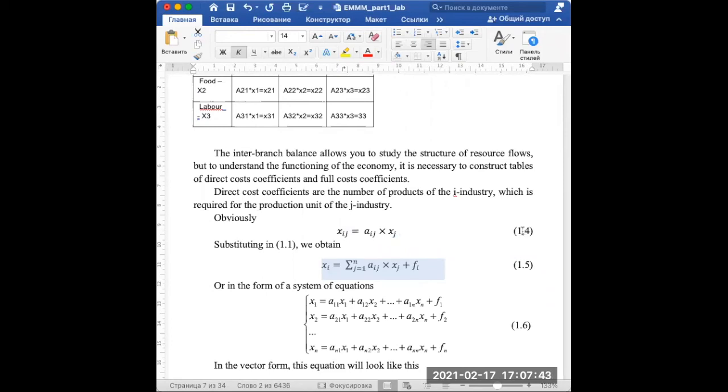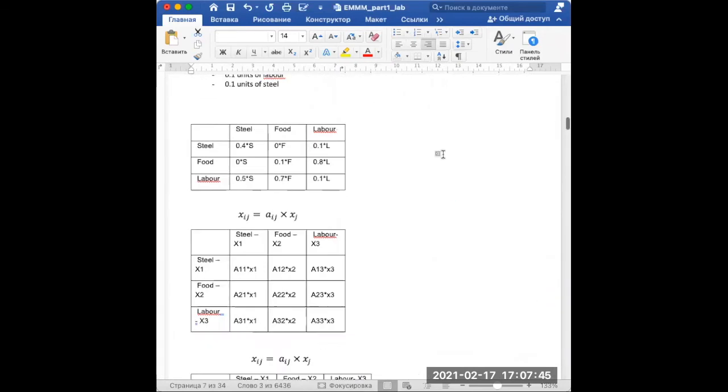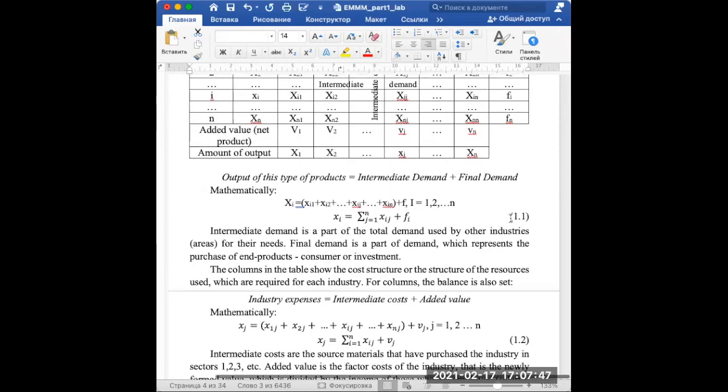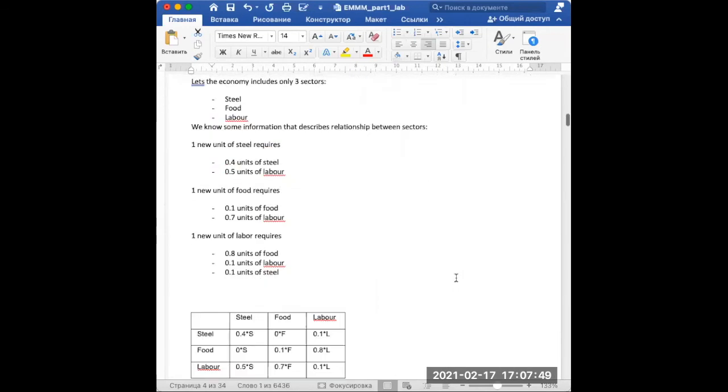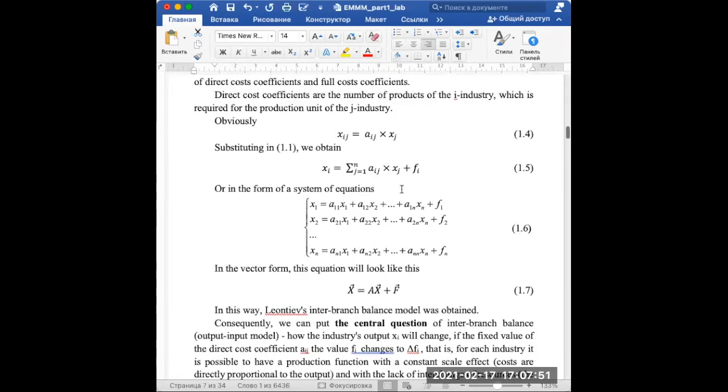So we just put formulas 1.4 into formulas 1.1, and as a result, we get formulas 1.5. So we can find that the output of each industry we can define as a sum of our final demand and the sum of interbranch deliveries.